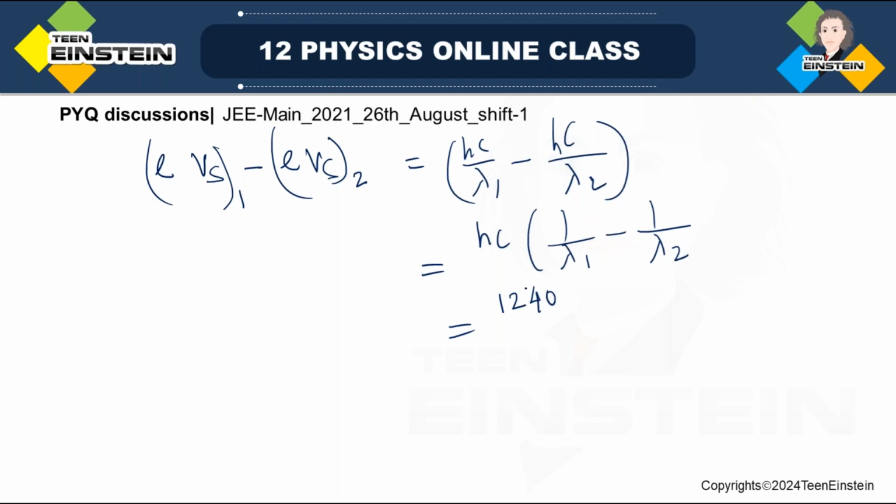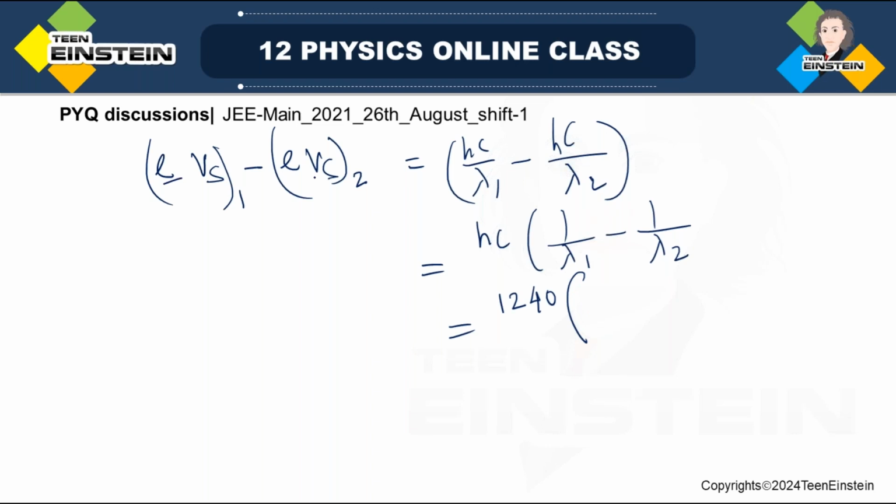I think this is in the unit of electron volt nanometer, I hope. hc by lambda, yeah, so this has the energy unit. So this is actually the formula we have got.